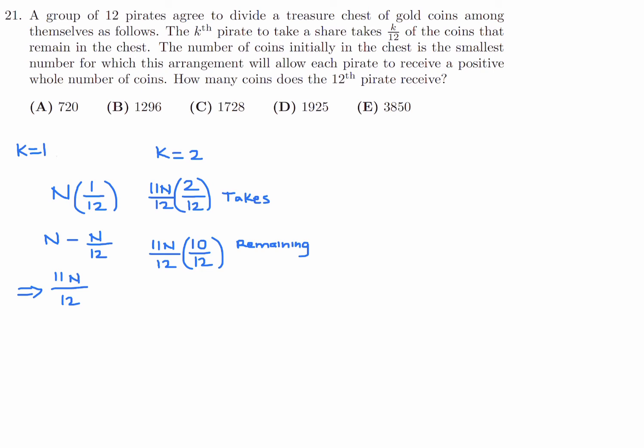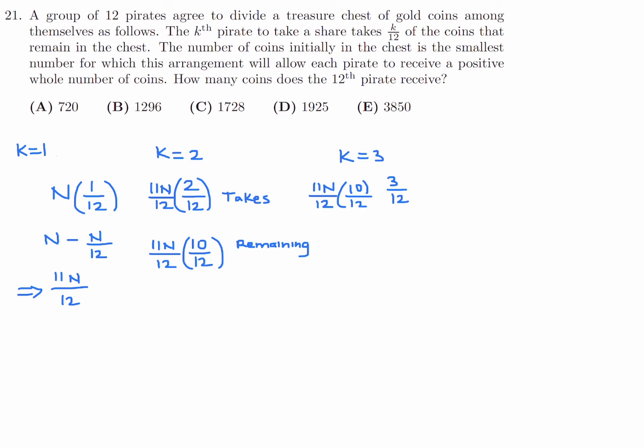Okay? And similarly, when k is equal to 3, we have k over 12, which is 3 over 12, representing how much that third pirate takes. Now, what does he take? What is remaining, which is 11N over 12 times 10 over 12.